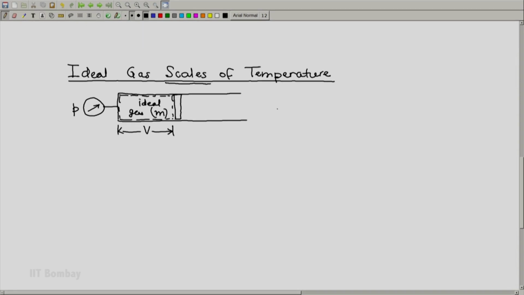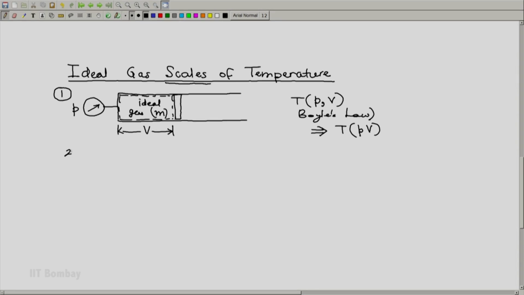Because it is an ideal gas, in principle, like any gas, the temperature would be a function of pressure and volume. However, because of Boyle's law, it would be a function only of the PV product, and hence we can use the value of the PV product to measure the temperature. So the first step is, this is our thermometer.